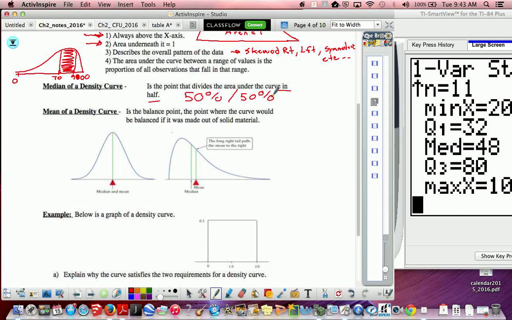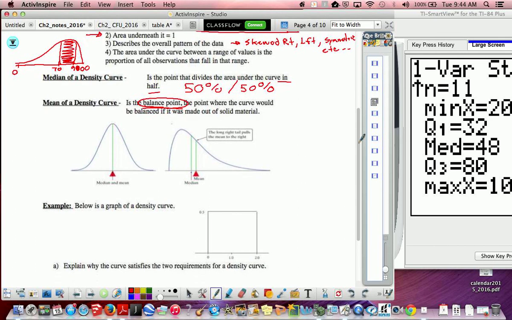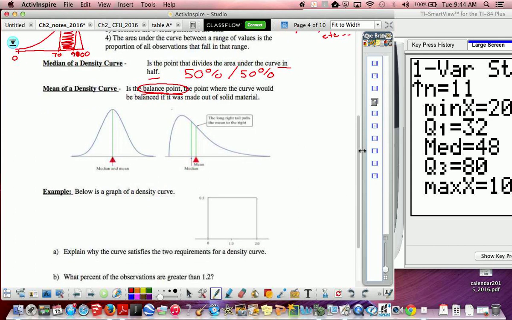The mean of the density curve, however, is the balance point. So you can almost think of it like a balance scale. If you start to have outliers or points skewed in one direction over the other, the mean will start to get pulled in that direction. So if you have symmetric distributions, we talked about this a little bit in chapter 1, the median divides it into areas of 50% and 50%.